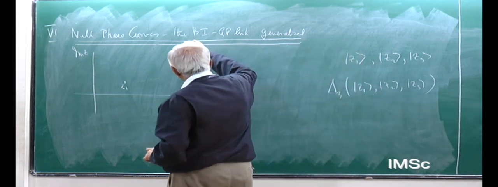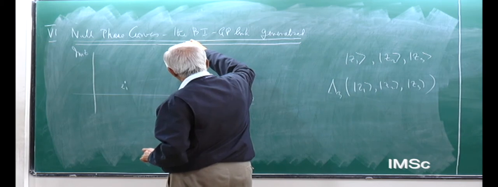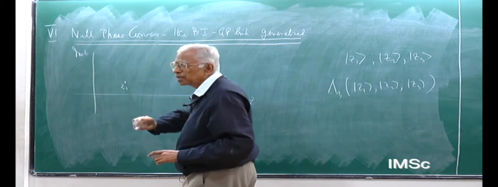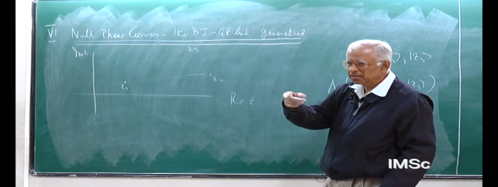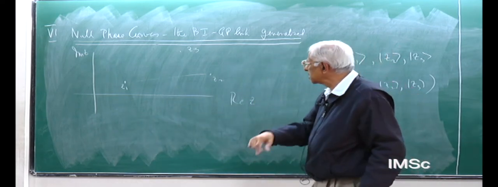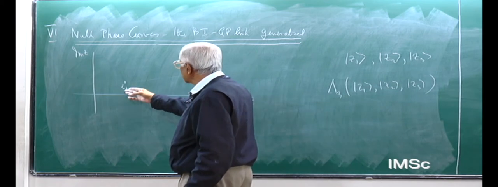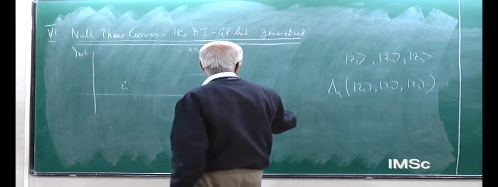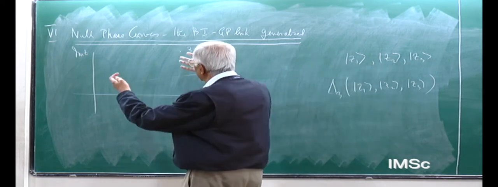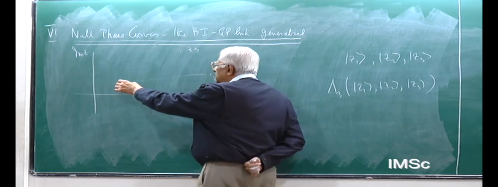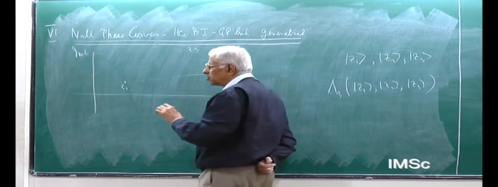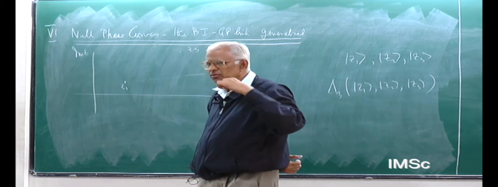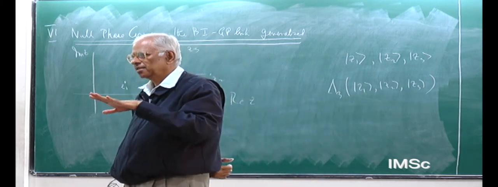Then you ask, what is the geodesic connecting Z2 to Z3 and Z3 to Z1? The key point is, in the definition of the geodesic in the construction, you will see if Z1 is a coherent state and Z2 is a coherent state out of the family of coherent states, the geodesic running from the state Z1 to the state Z2, along the way you do not have coherent states.